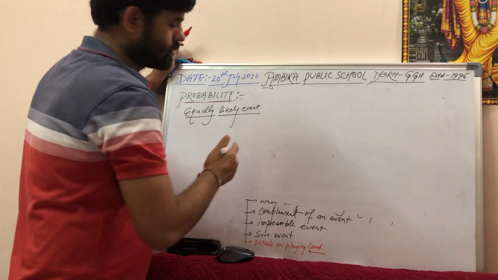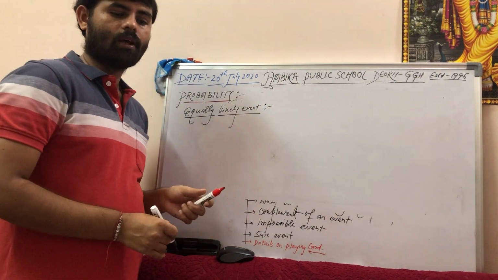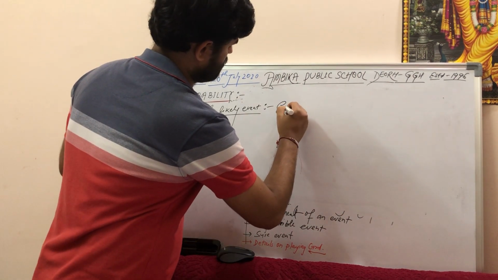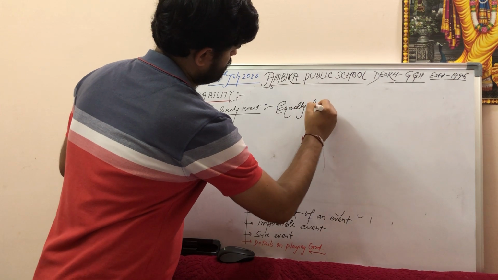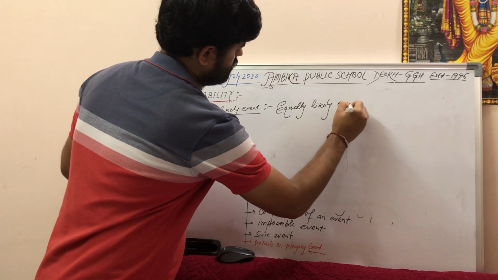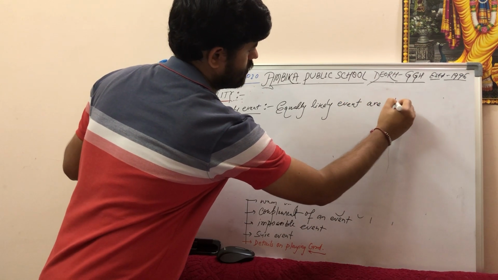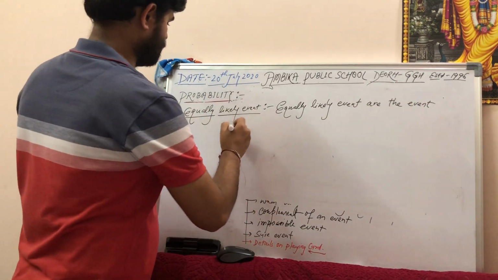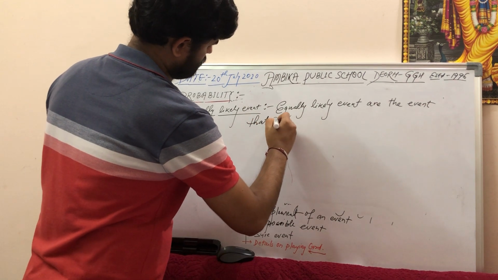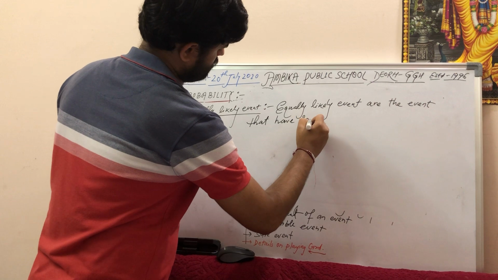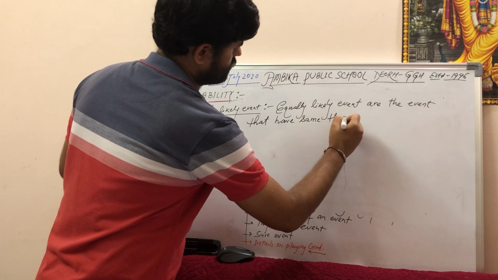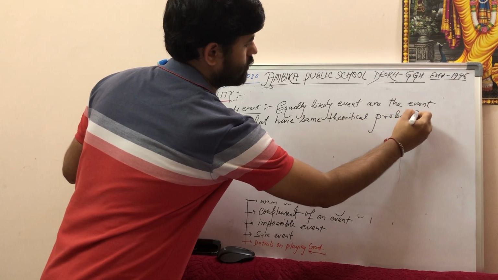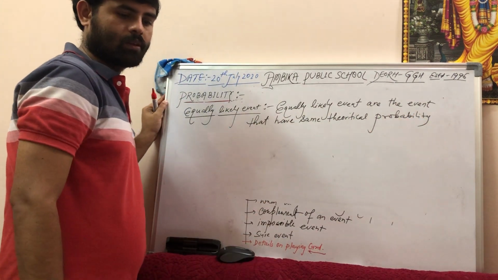Equally likely events are events that have the same theoretical probability of occurring.